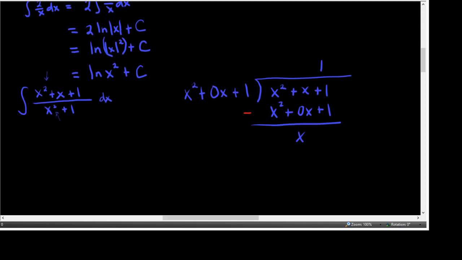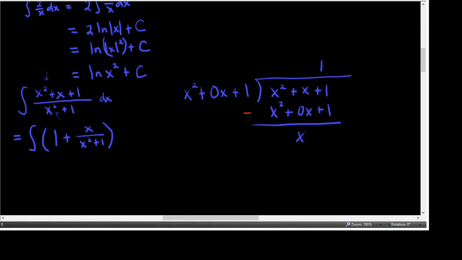And so what that implies is that the fraction in the original integral, after dividing, is the quotient, the thing on top of the division symbol, 1 in this case, plus the remainder over the divisor. And of course, the quotient is going to be some polynomial.